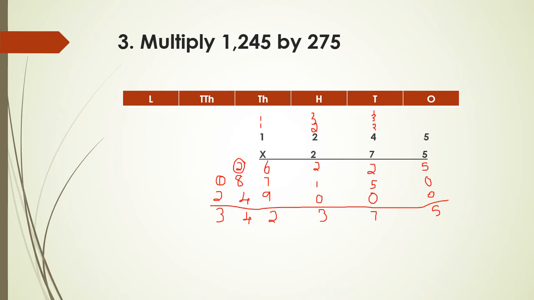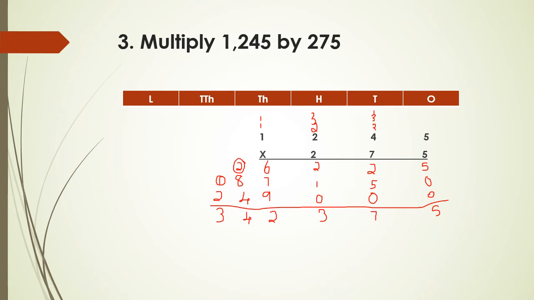Then you proceed with the multiplication of the number 7. So 7 times 5 is 35. 3 carry over. Then 7 times 4 is 28. 28 plus 3 is 31. 3 carry over.